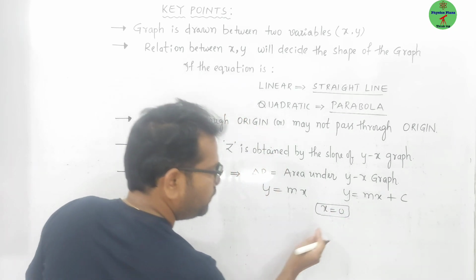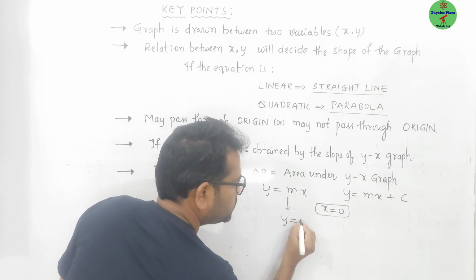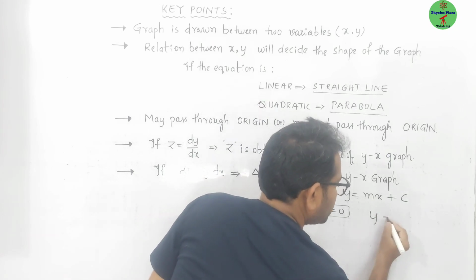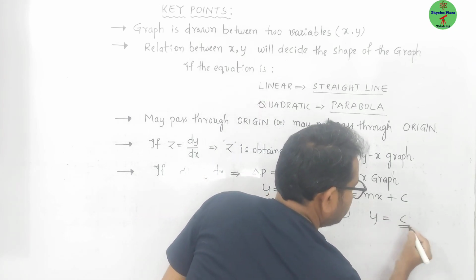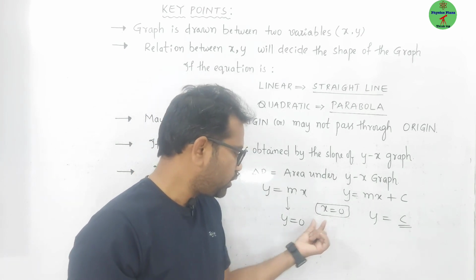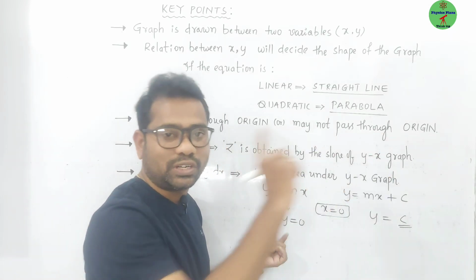If you substitute x = 0 in y = mx, then we get y = 0. But in y = mx + c, if you substitute x = 0, you get y = c, which means there will be some y-intercept. So whenever you substitute x = 0, if you get y = 0, then that straight line passes through the origin.